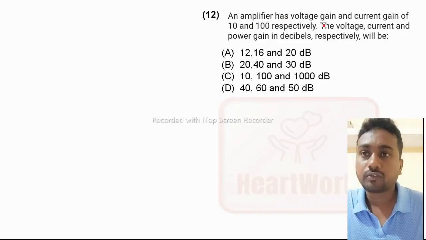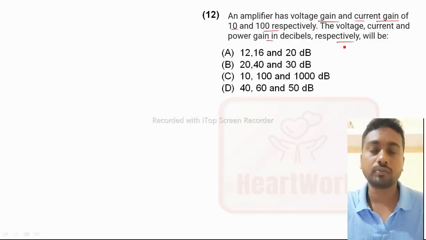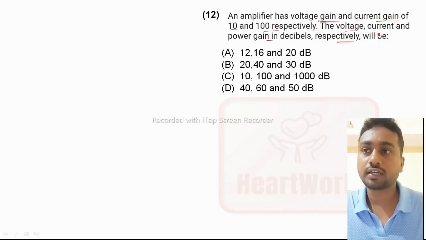An amplifier has voltage gain and current gain of 10 and 100 respectively. The voltage, current and power gain in decibels will be? We have to find voltage, current and power gain in decibels.